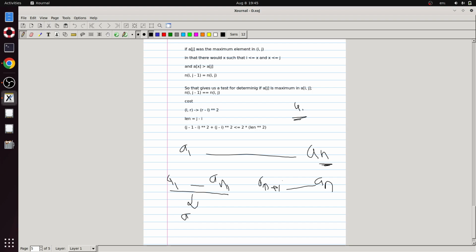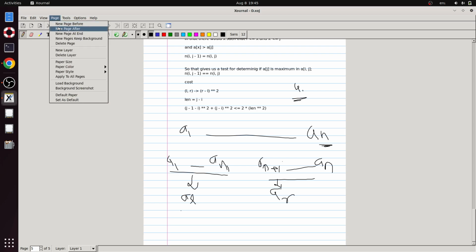So in a1 up till a of m, you assume that you have a of l as your maximum, and assume that you have a of r as your maximum in the other subarray. So you have these two candidates, and you know that the maximum is definitely going to be one of them.